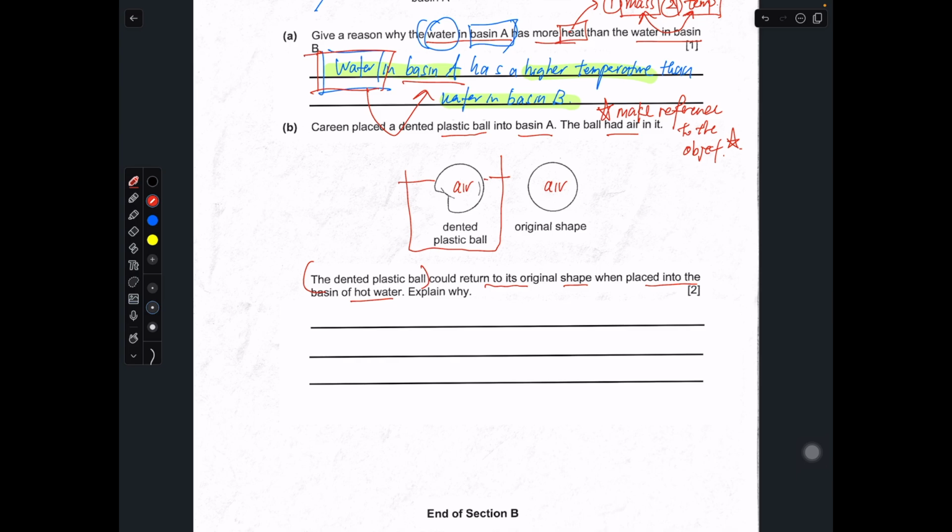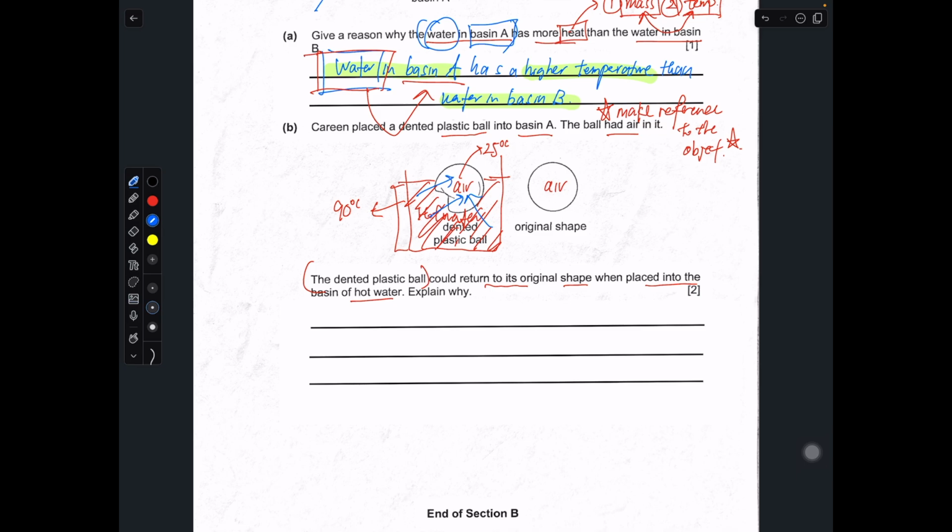So you have hot water. Let me draw this out. The air inside, let's take it as maybe at room temperature, 25 degrees. The hot water, let's take it as 90 degrees. Heat always flows from a higher to lower temperature, so the heat will flow into the air inside the ping pong ball.